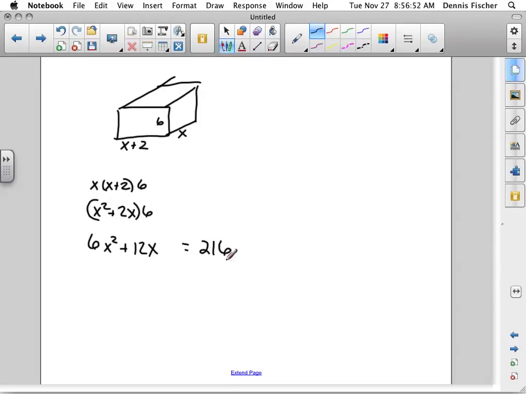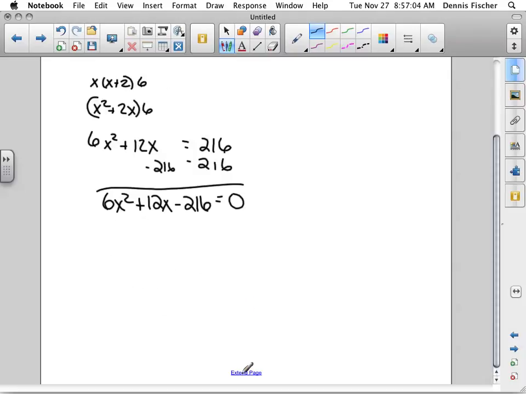Now if I subtract 216 off both sides, then what can I do? I think everything goes into 6, doesn't it? So I'm going to get x squared plus 2x minus 36. Don't think it factors. So if it doesn't factor, what do I have to use? Quadratic formula.